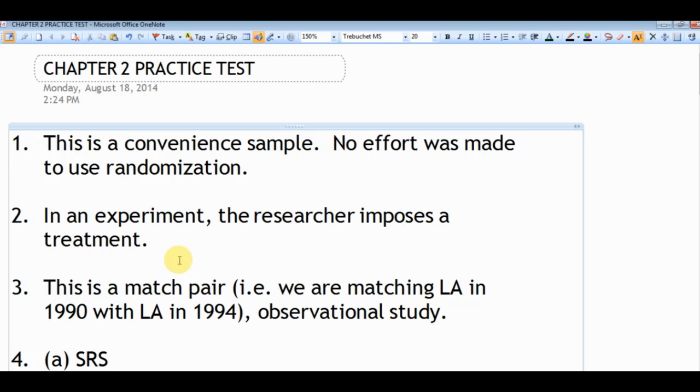In fact, you probably went to one of the worst places to conduct your survey. So no effort was made to use randomization, so this is a convenient sample.